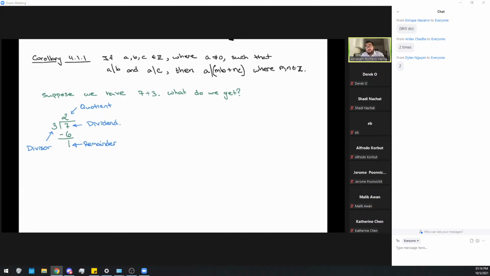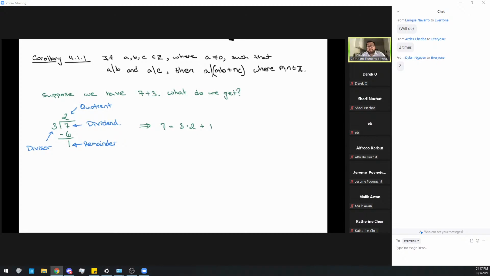So now I can find what 7 is equal to. I can rewrite all of this. Since 7 is being divided by 3, we get some remainder. I can say that 7 is the same thing as 3 times 2 plus 1.